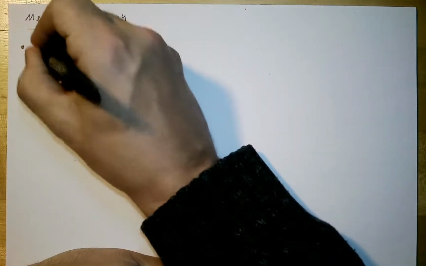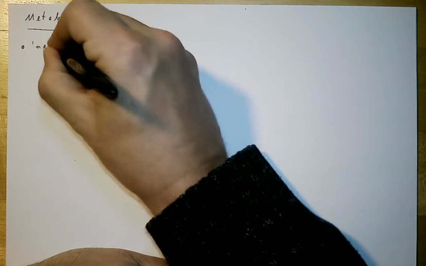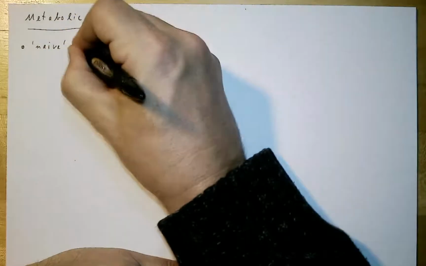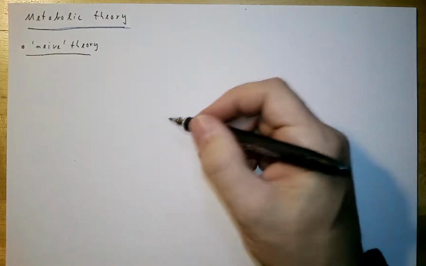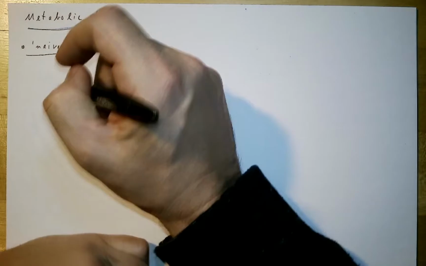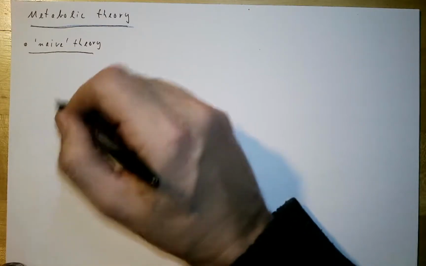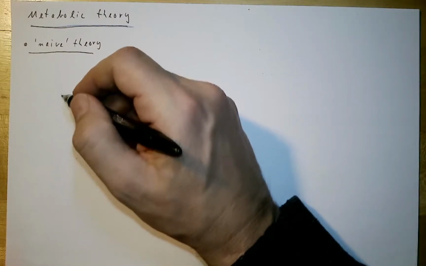So first let's see what would be the most naive theory, in order to approach this a bit more systematically, step by step. Let's assume we have a machine or an engine.